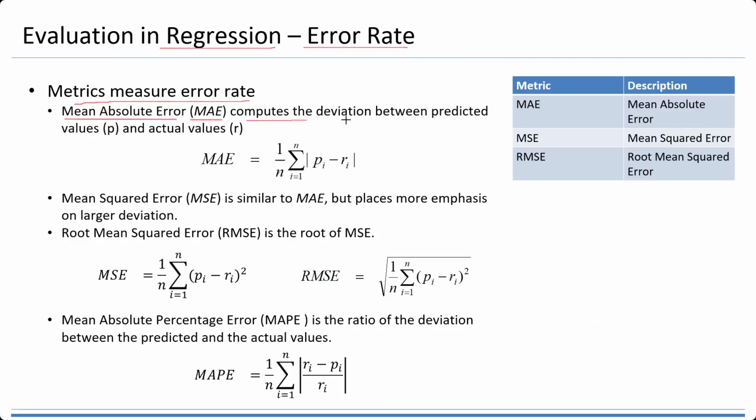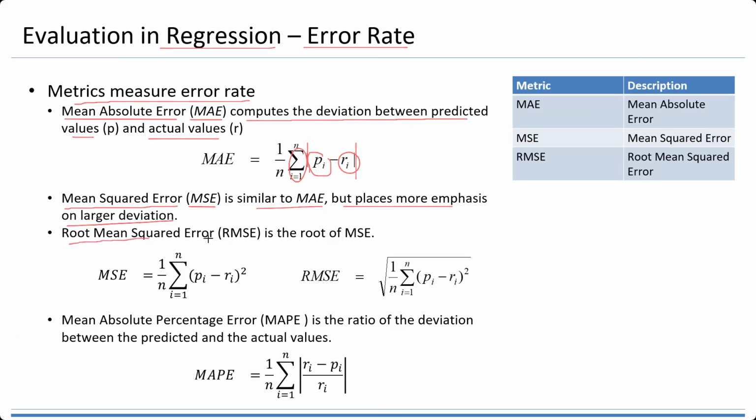So it computes the deviation between predicted values, which is P, and the actual values, which is R. And then we do the absolute value and we do the summation. For the mean square error, or we call it MSE, it is similar to MAE, but places more emphasis on the larger deviation.